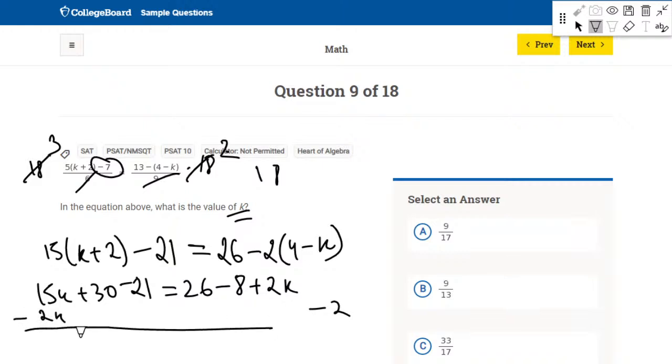I get 13k equals 26 plus 21 minus 30, so it's 47 minus 30, it's 17.